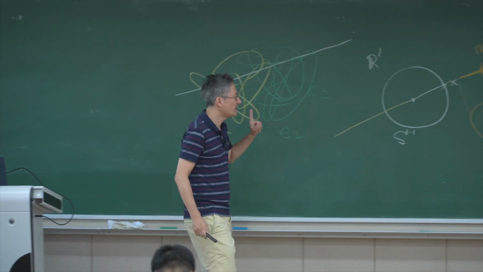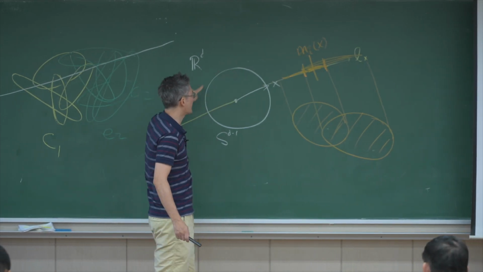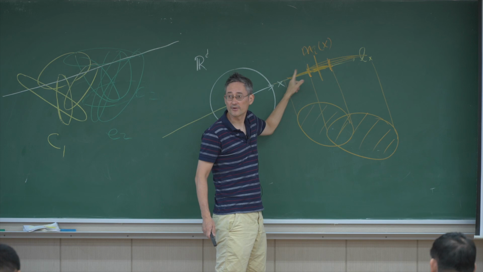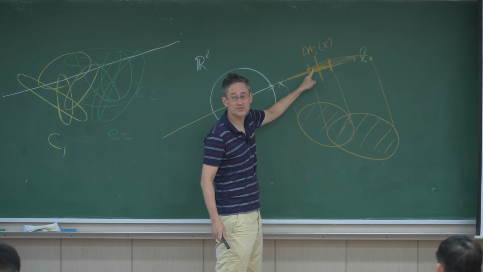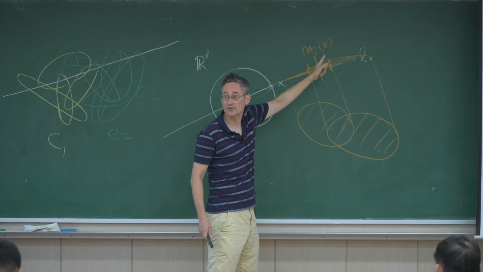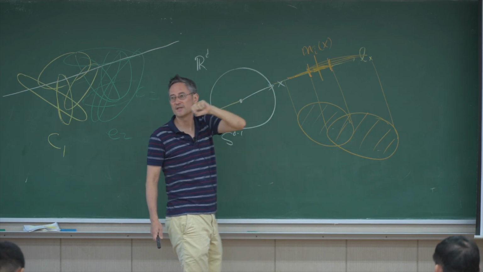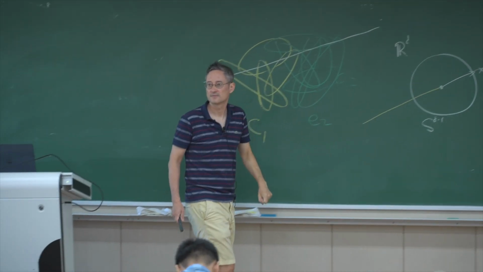But the main idea now is I'm going to start changing x. And then this point is going to move around. If you just took an arbitrary point, and then for another x you took an arbitrary point, that point might not move continuously. So that's why I'm taking the midpoint, because I want it to move continuously. Okay?